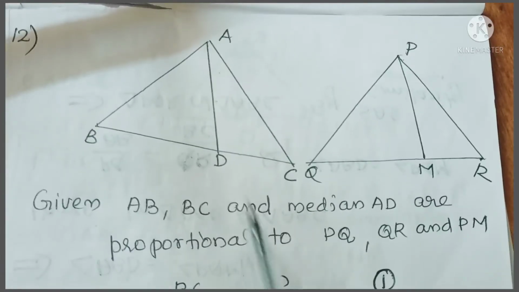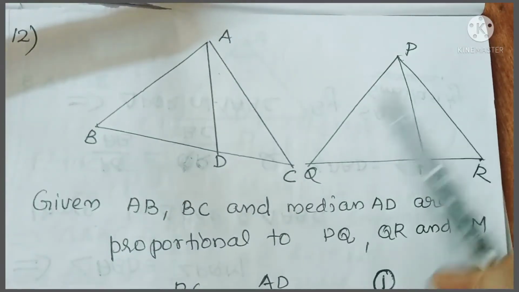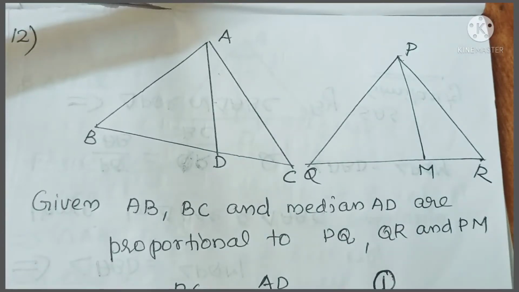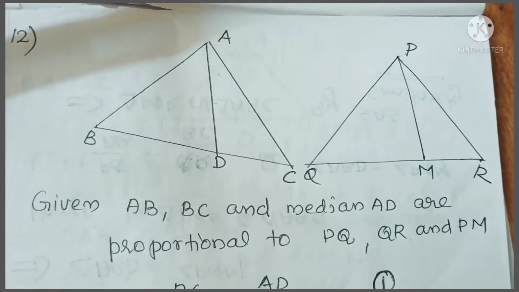Then 11th question. Triangle ABC and triangle PQR and the medians AD and PM are given. And the question says that AB, BC and median AD are proportional to PQ, QR and PM.